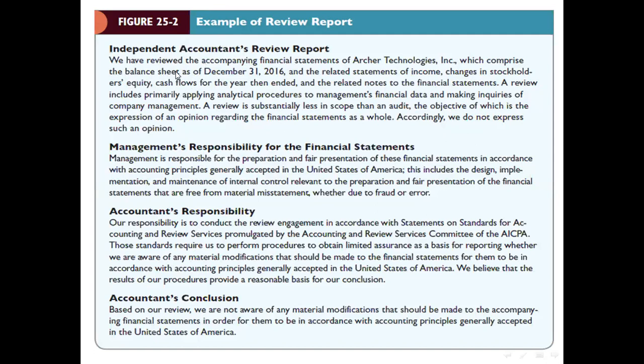For example, we have reviewed, not conducted an audit of, the accompanying financial statements of a technology company, which comprise the balance sheet and related statements of income, changes in stockholders' equity, and cash flows for the year ended. So the author will identify the financial statements and the year being reviewed.